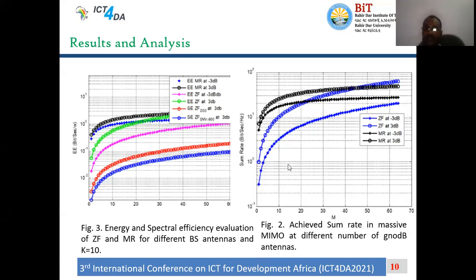We have followed the same procedure for this also, and for all numbers of antennas, as long as we are suppressing the interference.